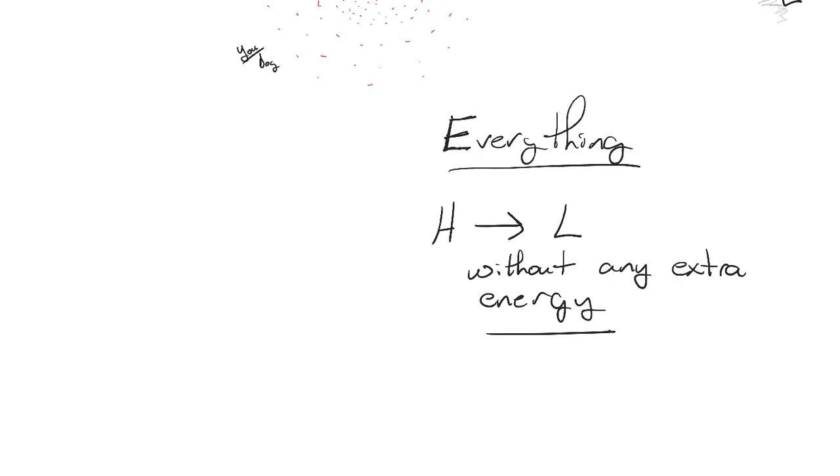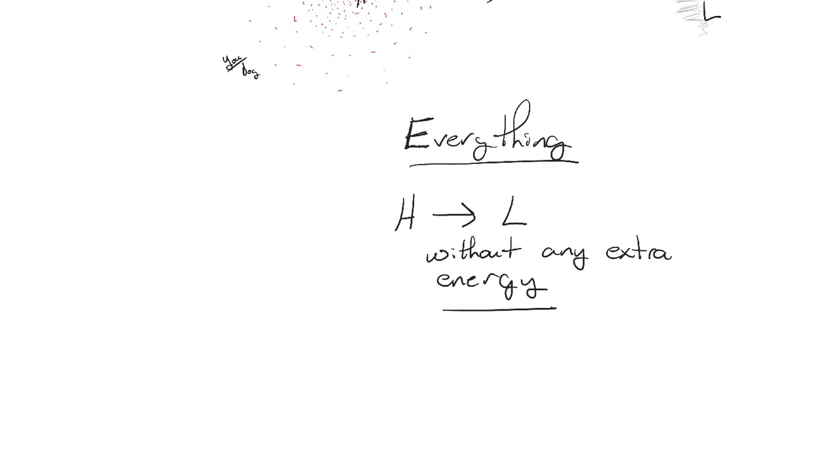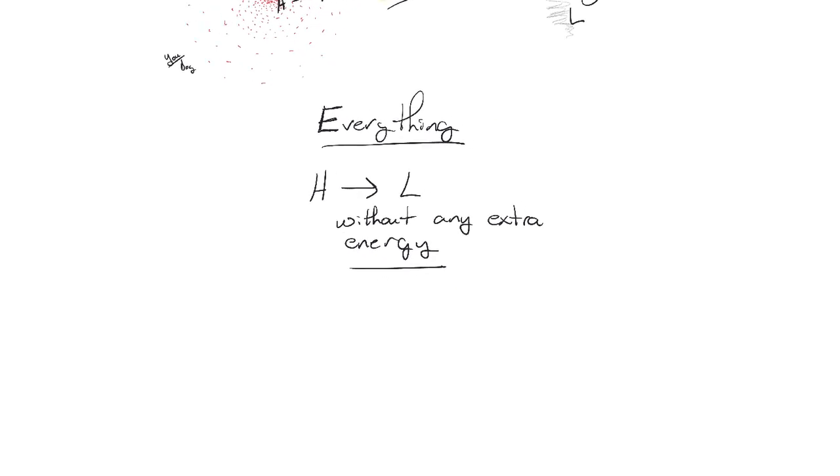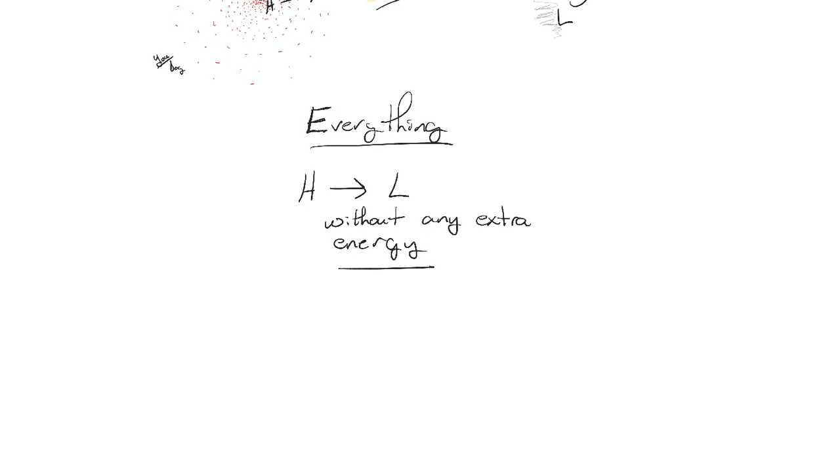Period. Everything moves from high concentration to low concentration. This explains the wind. Where you have high pressure, wind will move from high pressure to low pressure. When they put high and low in the maps during the weather on the news, they'll put H and L. H means high, L means low. That's the direction of the wind. The main direction. Obviously, wind can go in different directions depending on what it hits while it's traveling. But high to low, everything moves from high to low. Period.